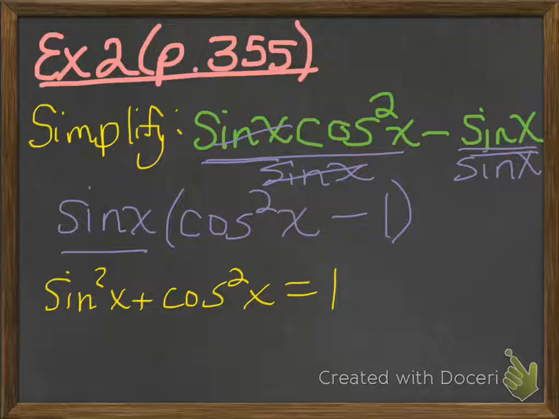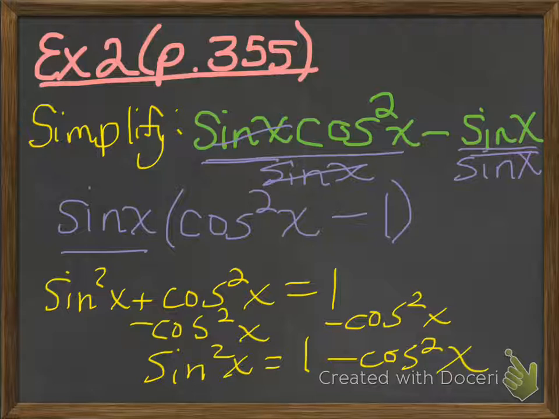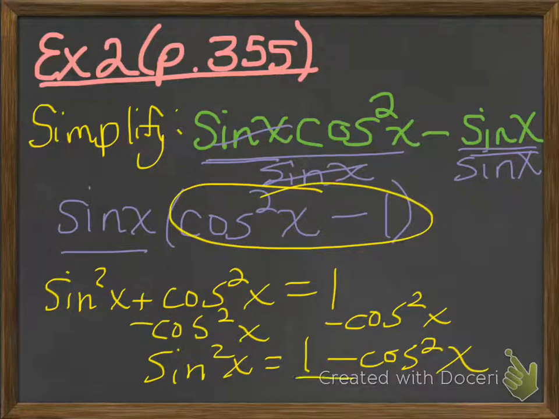If I subtract cosine squared from both sides, I get sine squared x equals 1 minus cosine squared x. But since we have cosine squared x minus 1 instead of 1 minus cosine squared, this is equivalent to negative sine squared. If we just change the signs, now we have it in the right order.